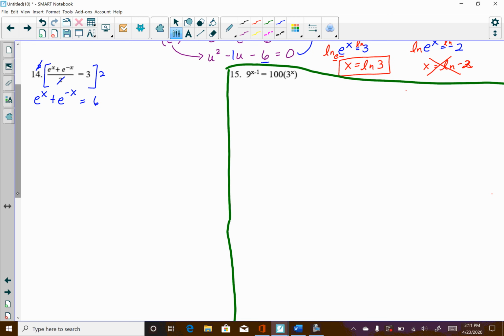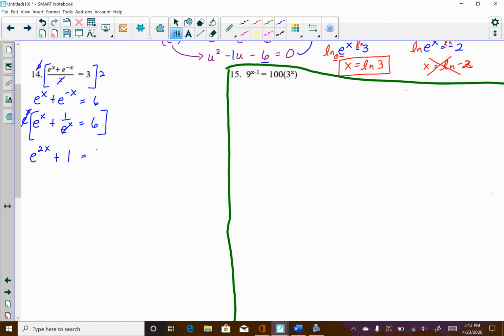Now, from here, I can rewrite e to the negative x as 1 over e to the x, just like I did in the previous problem. I want to get rid of that e to the x in the denominator, so I'm going to multiply again by my common denominator. e to the x times e to the x is e to the 2x. e to the x times 1 over e to the x is just 1, because those e to the x's cancel out.